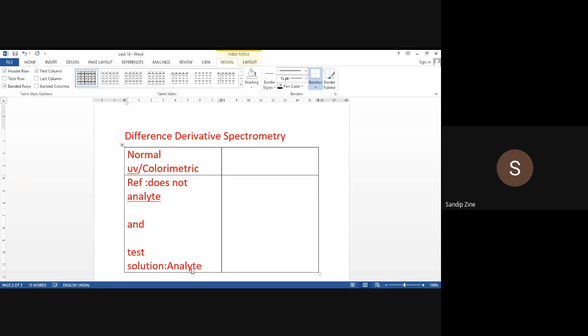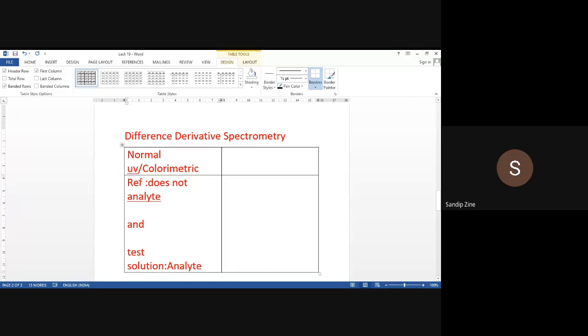This is the major difference. So the reference solution doesn't contain an analyte, and this increases the selectivity of the measurements of the absorbance of an analyte by decreasing or eliminating the effect of absorption by the solvent and the other reagents, or maybe the impurities present therein.